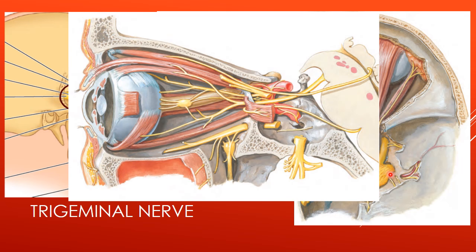This is a sagittal view. The trigeminal ganglion is cut here, but you can see the three branches of the trigeminal nerve exiting the skull through three different foramina.